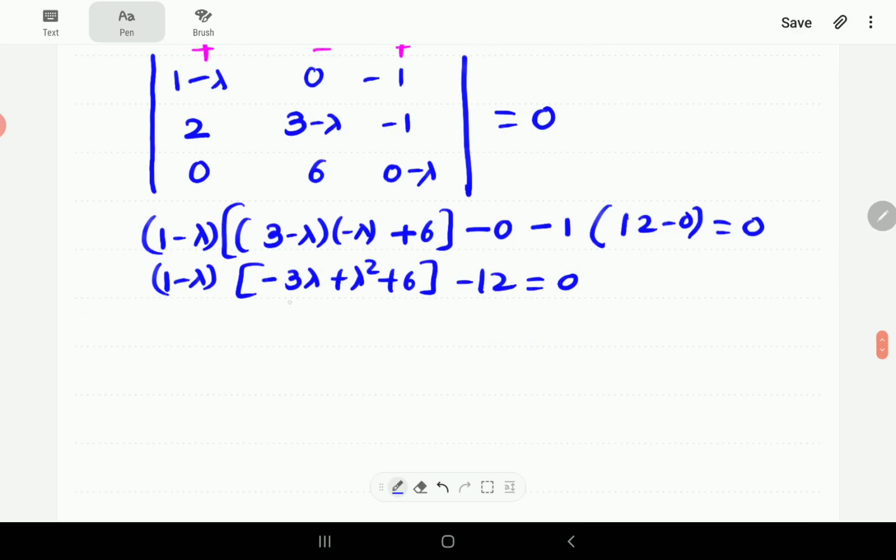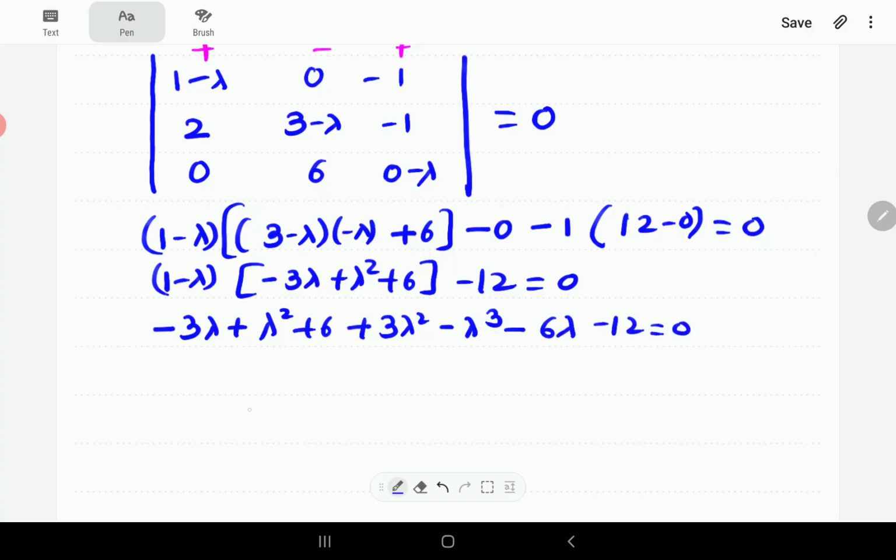Again multiplying, this gives minus 3 lambda, with all the values, lambda square plus 6, and with the minus lambda into the inside multiplication it gives 3 lambda square minus lambda cube minus 6 lambda, minus 12 equal to 0. So this will be minus lambda cube, plus 4 lambda square, minus 9 lambda, minus 6 equal to 0.